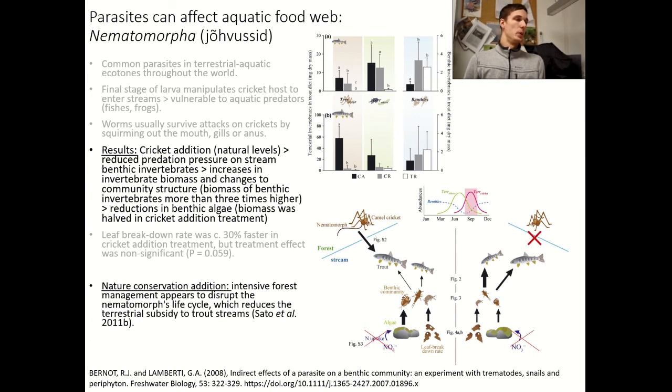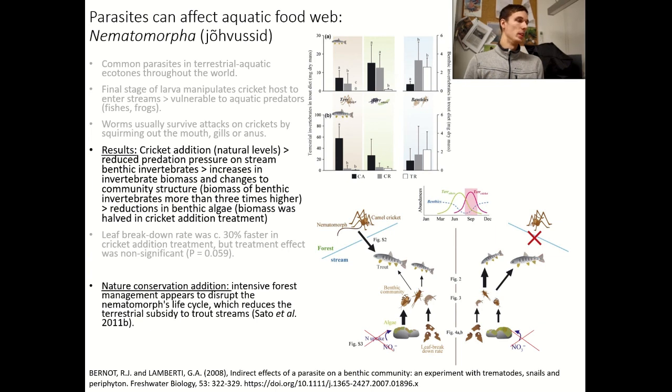So the leaf breakdown was significantly faster when they added crickets, because then there were more benthic invertebrates that participated in breaking down the leaves. So these horsehair worm parasites had quite an important impact on the terrestrial-aquatic food webs, also the species assemblages and even ecosystem processes.